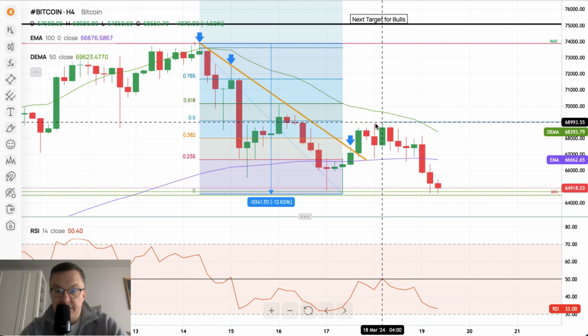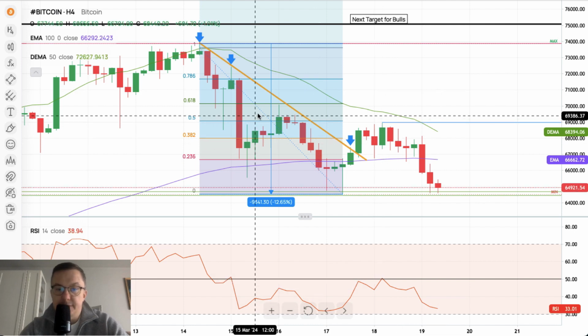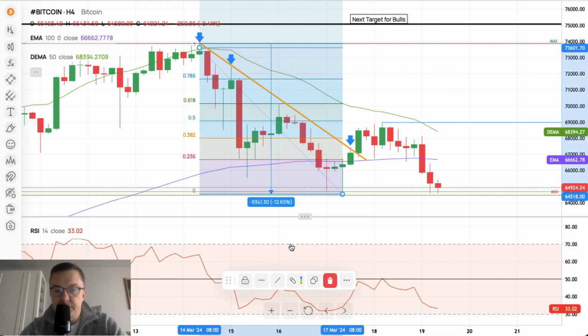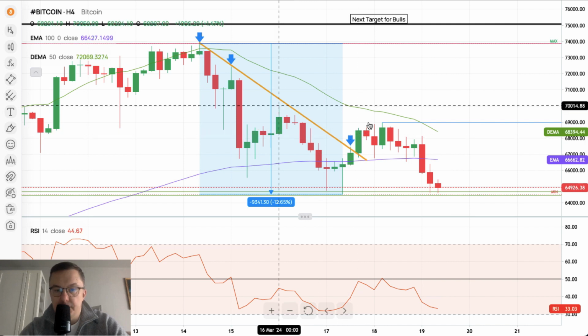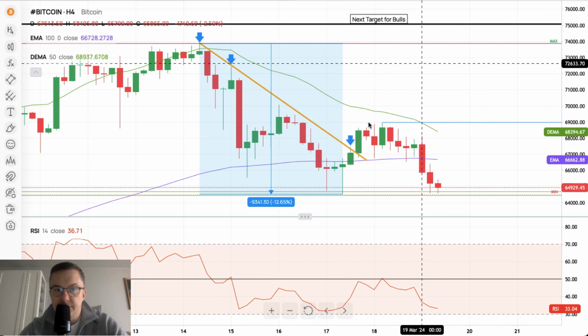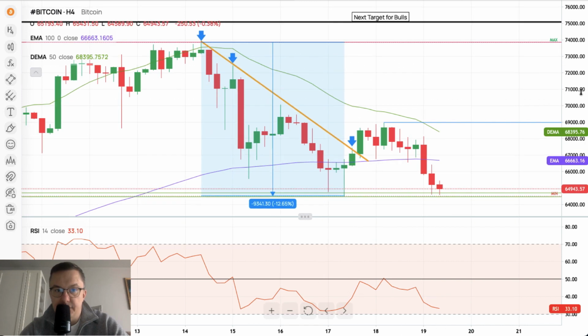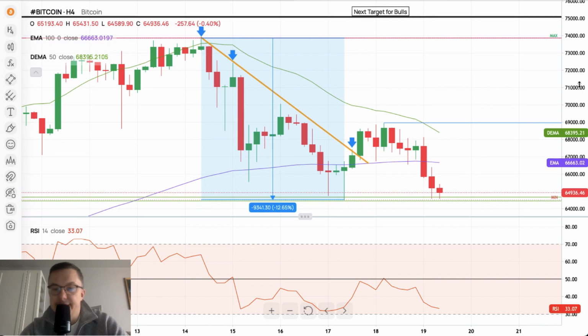The local high was made roughly around here. So that was just a few hundred from the 50 periods moving 50% Fibonacci retracement. We broke above this trend line and we tried to move higher. I'm talking about the bulls, of course, but it didn't work very well.